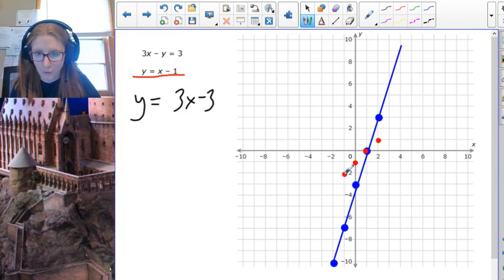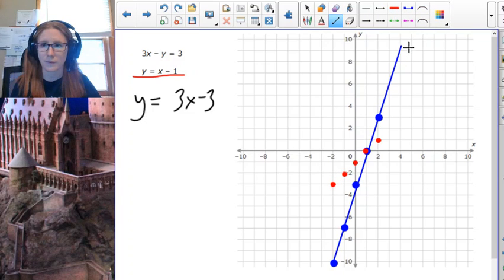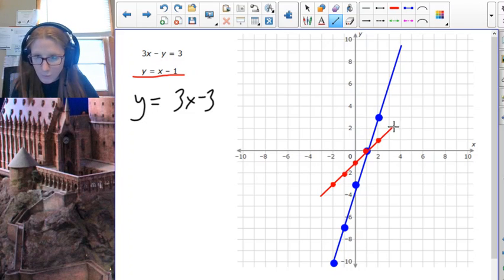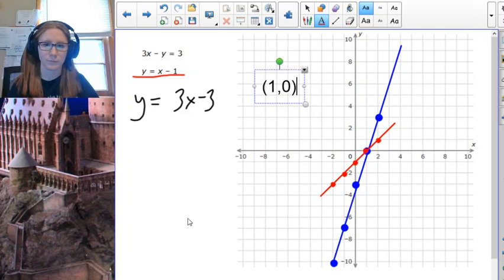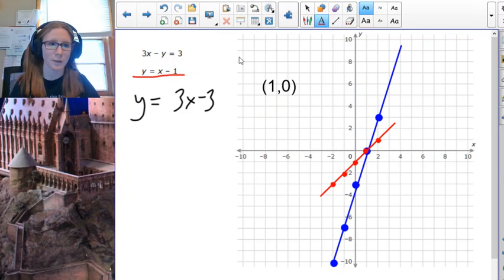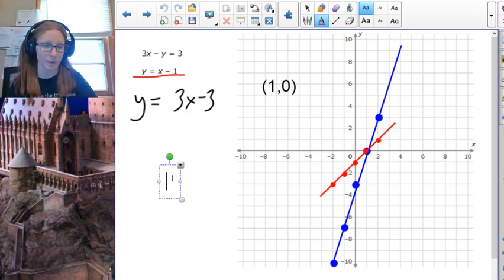Down 1, left 1, and down 1, left 1. And again, we see that we've already crossed, but let's do the appropriate thing and create that line. There she is. And our crossing point is 1, 0. So yes, a little bit more complex because we had to rewrite the problem, but overall not terrible.